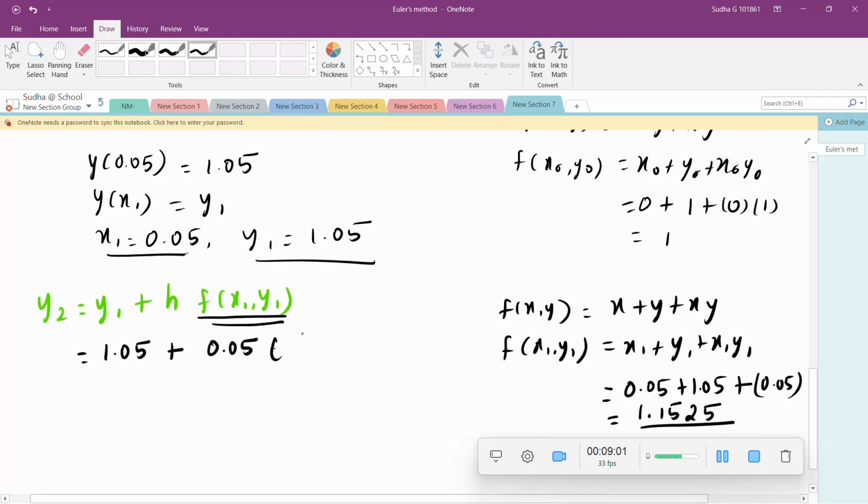So f of x1 comma y1 value 1.1525. Using calculator, simplify this, 0.057625.